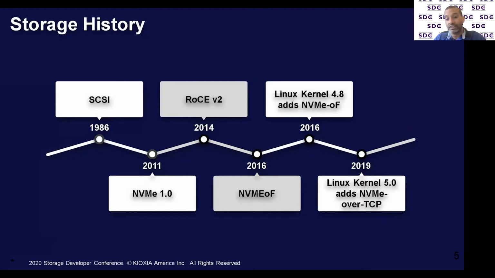And then in 2016, the Linux kernel started native support for NVMe over Fabrics, initially for the RDMA transport, but later in 2019 with kernel 5, which introduced native support for TCP to carry NVMe over Fabrics commands.